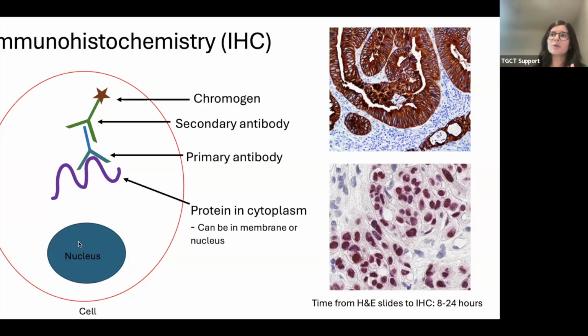So immunohistochemistry, or IHC, tells you what's happening at the protein level. So at the end of whatever protein genes are expressing, that's what we can interrogate. And you interrogate that by having a primary antibody that interacts with the protein of interest that you're looking at. And then you have a secondary antibody that's tagged to a chromogen.